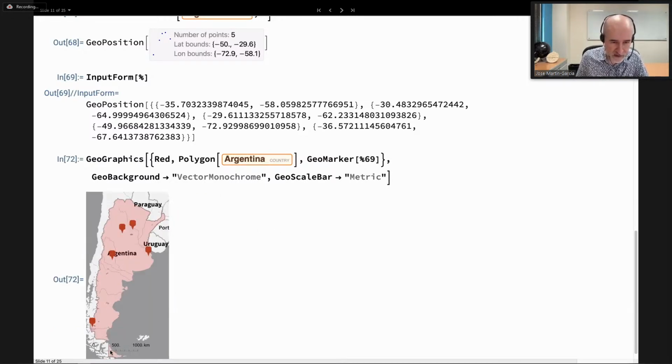And now we have, and you see, because it's gray, it's not very visible. So I think we had an option, geo scale bar style. Was that, or was it geographics? Perhaps it was geographics.